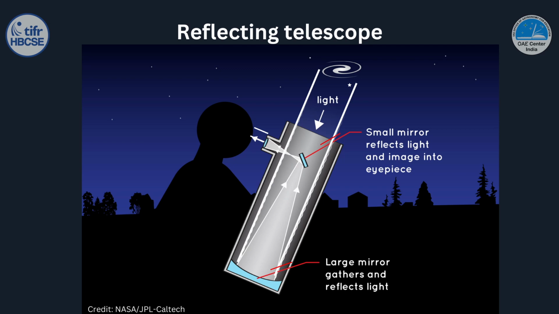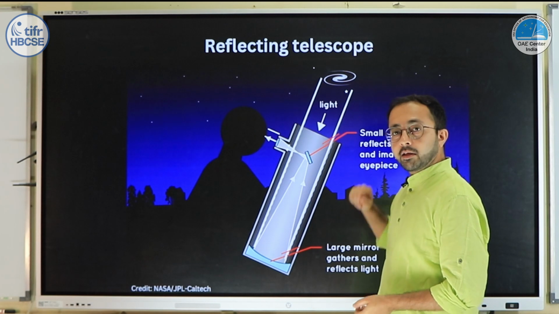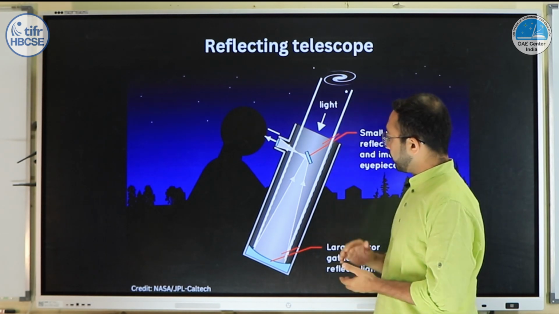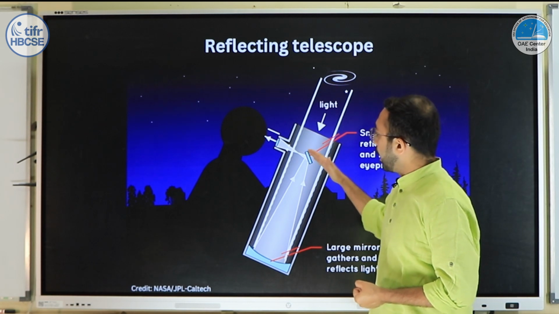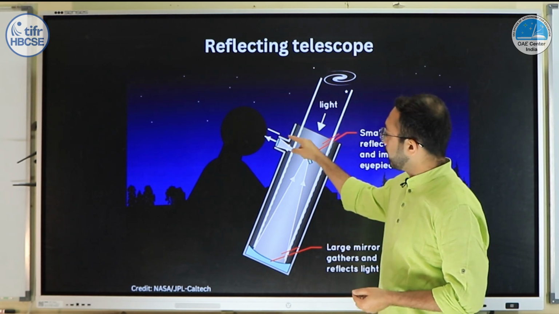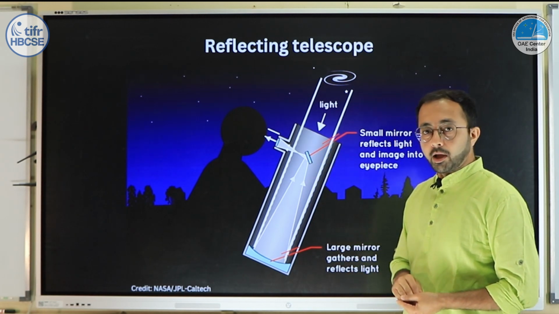As you can see here, in a general Newtonian reflecting telescope, you have a primary mirror, which is a reflecting element at the bottom of the tube, and then there is a secondary mirror sitting here at an angle of 45 degrees which helps us push the rays out of the telescope, where we have an eyepiece and we look at the object through the eyepiece.